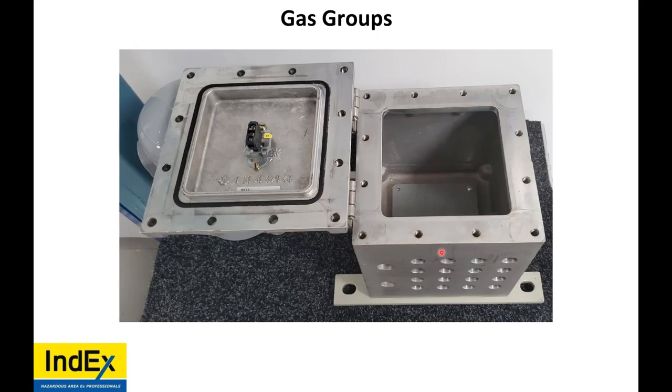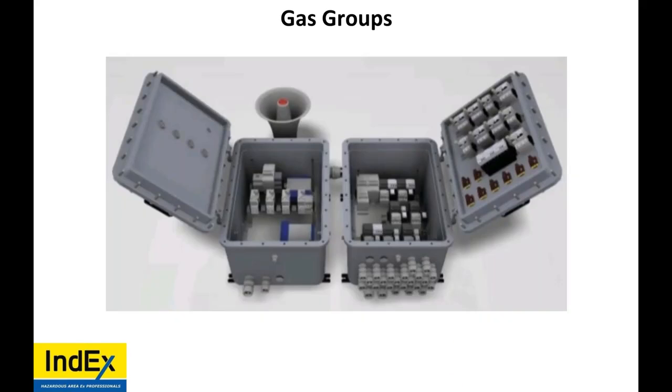Practically all EXD flange types with hinges are 2B plus H2 or less, while an option is this enclosure, the construction of a flange type enclosure with a 2C gas rating. So the spigot design allows it to do that.